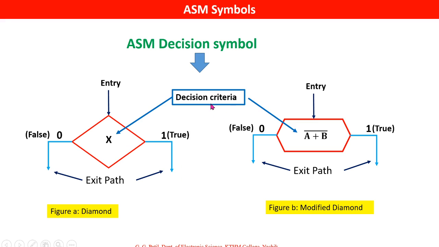Inside the diamond the decision criteria is to be written. See here one example is taken. Entry, and this expression is given: (a + b) bar. That is a NOR logic gate expression. If it is 0, follow this path. If it is 1, follow this path. So this is the ASM decision symbol.